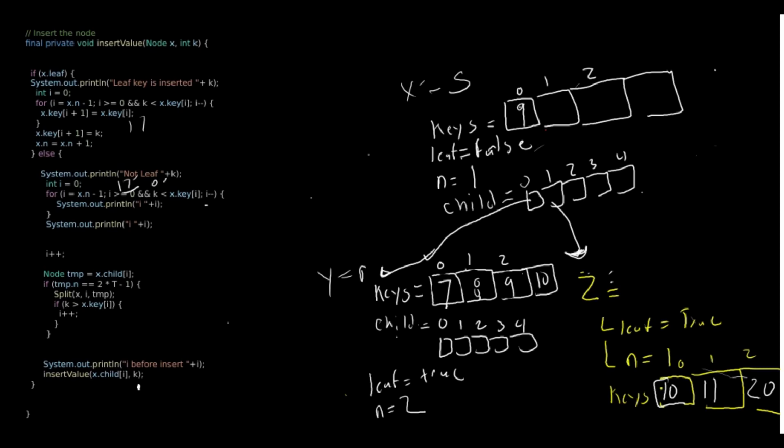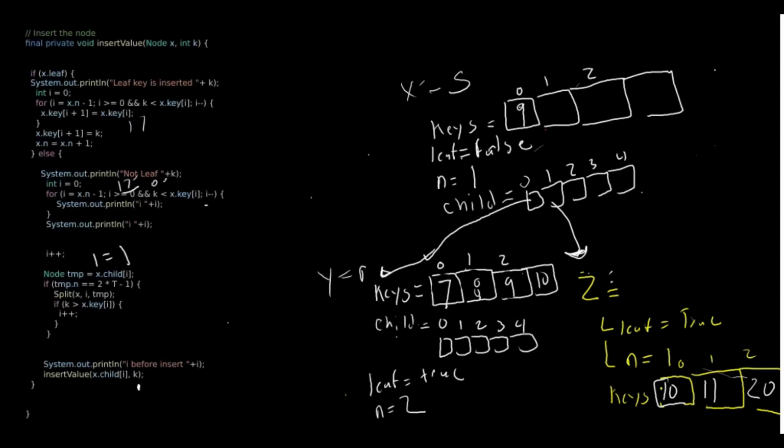Keep going, 17. All right. We go to insert value, and then we end up right over here. Again, 17 finds its position. So the position will be 1.